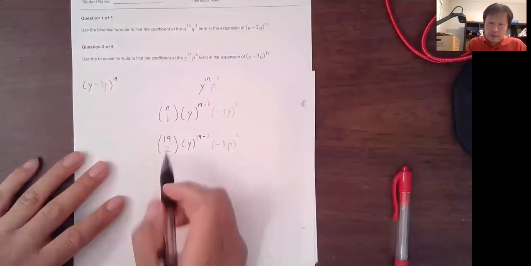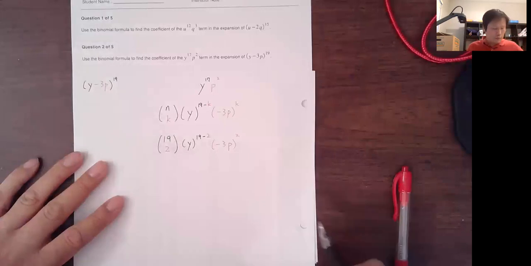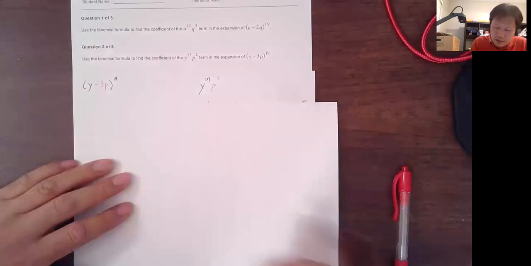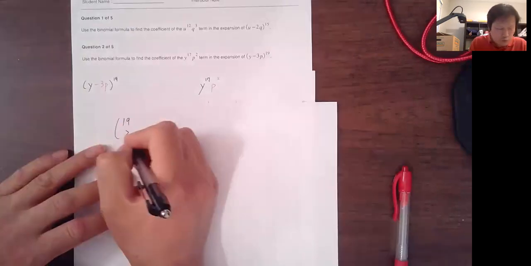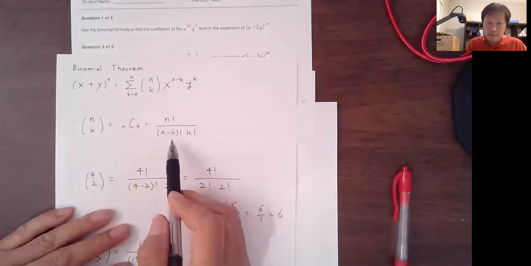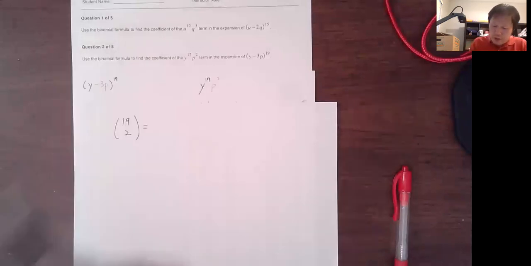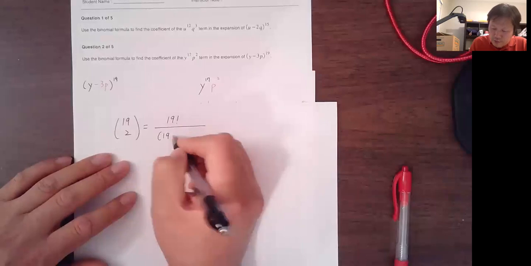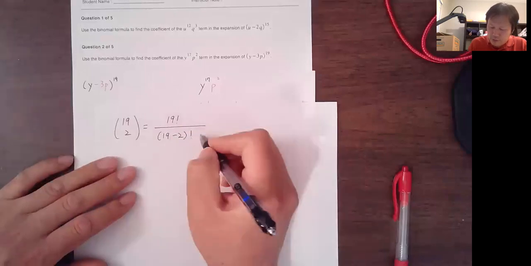So you need to calculate 19 combination 2. You are using this combination formula. So it will be 19 factorial over 19 minus 2 factorial times 2 factorial.